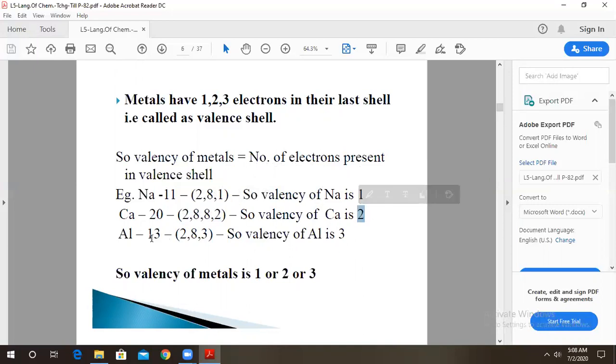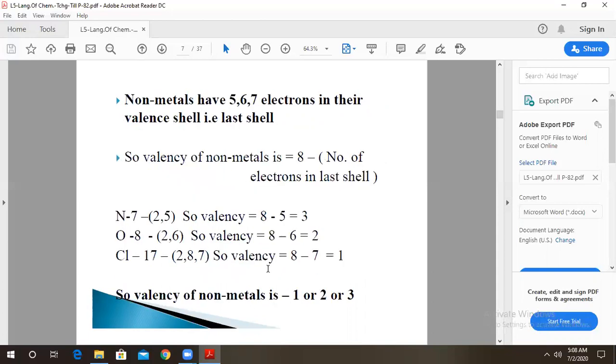In a similar way, aluminium has 3 electrons in the outermost shell, and so the valency of aluminium is 3. That means metals have 1, 2, or 3 electrons in the outermost shell, and their valency can be 1, 2, or 3 depending on the number of electrons in their valence shell.